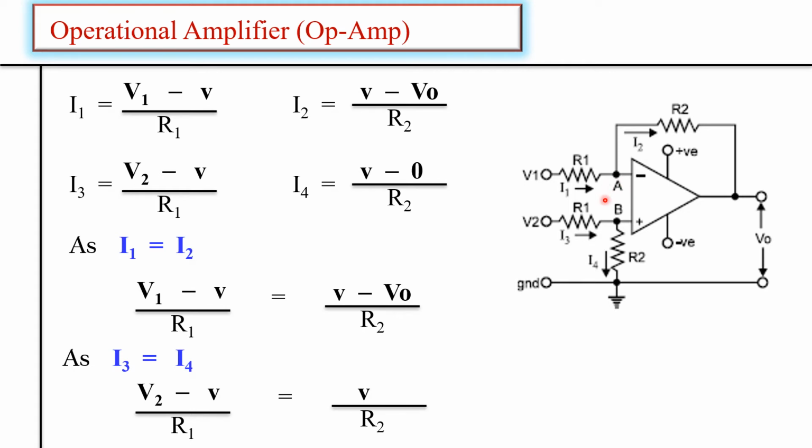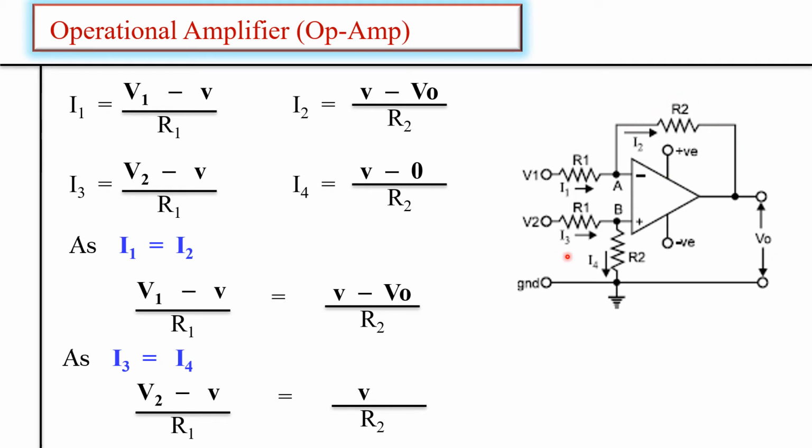Let us apply Ohm's law and write the equations for the currents. I1 is the current flowing through R1. I1 will be equal to the potential difference across these two points upon the resistance, so I1 is equal to V1 minus V upon R1. Similarly, I2 is equal to the potential difference between point A and the output, that is V minus output voltage VO upon R2.